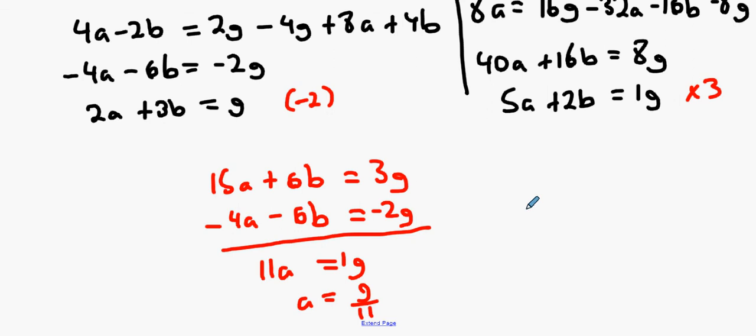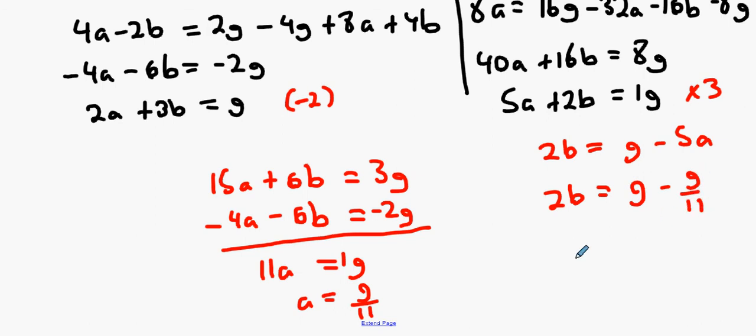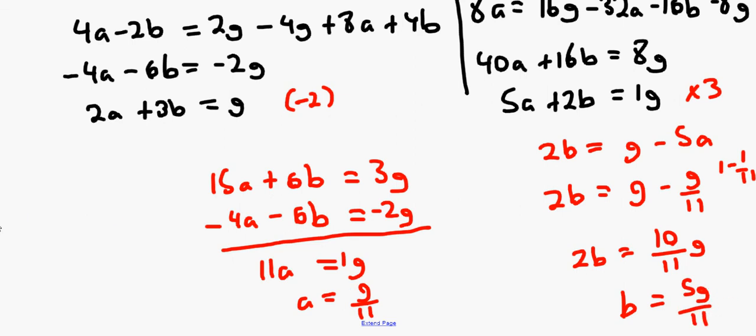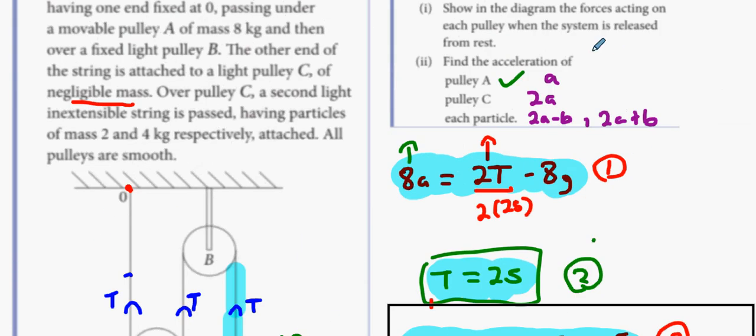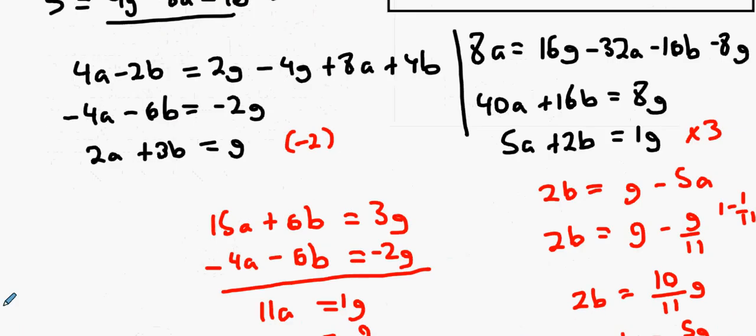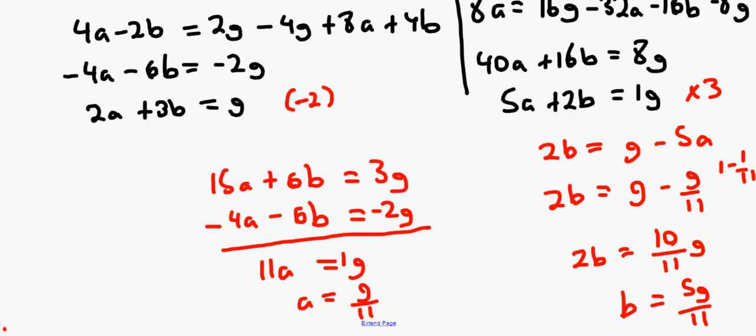Then we find out what b is. So we're going to get 2b equals g minus 5a. 2b equals g minus 5g over 11. 2b is equal to 6 over 11g, because that's basically 11 take away 5. And b equals 3g over 11.